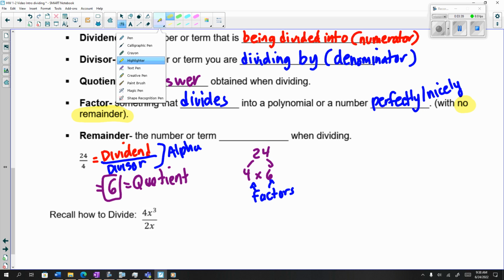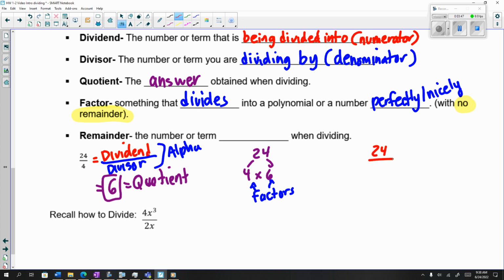Okay, so think about back in the day when you guys learned division. Let's say I were doing 24 divided by 5. Okay, so the dividend is 24. The divisor is 5, right? So think about it. It doesn't go in nicely. If you do 5 into 24, you're going to do 4 times, and then 5 times 4 is 20, right?